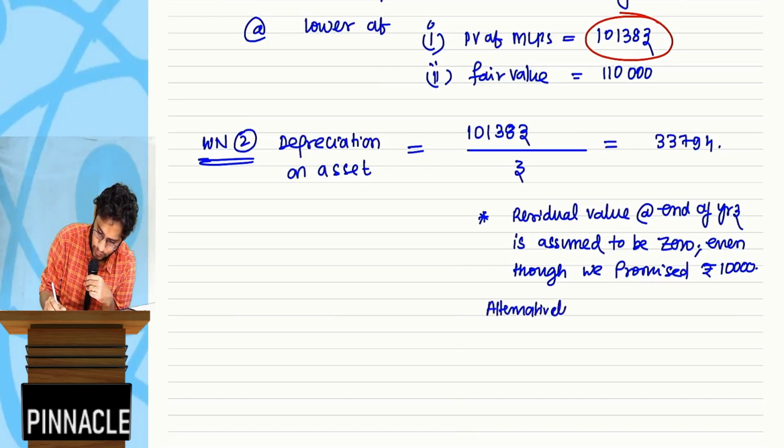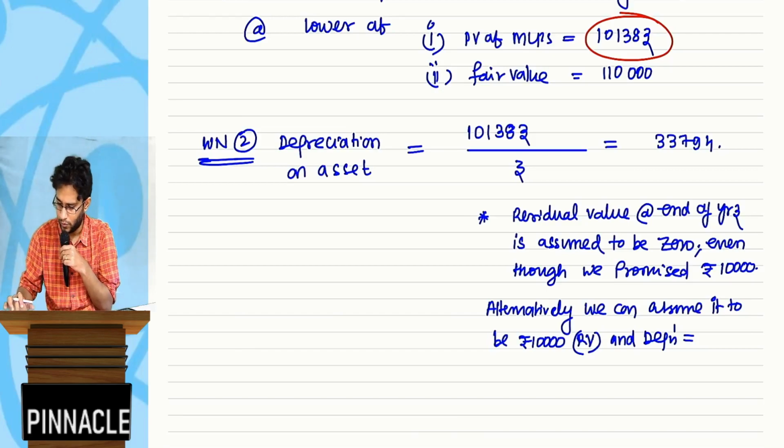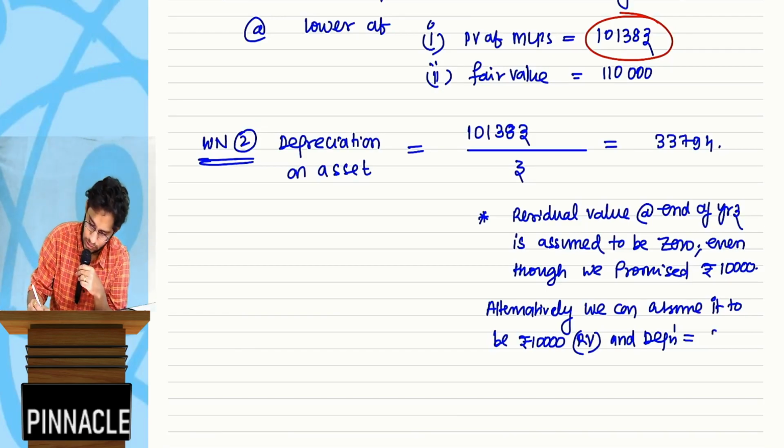Alternatively, we can assume it to be rupees 10,000 residual value, and depreciation in which case will be equal to 101,383 minus 10,000 divided by 3, 30,461.